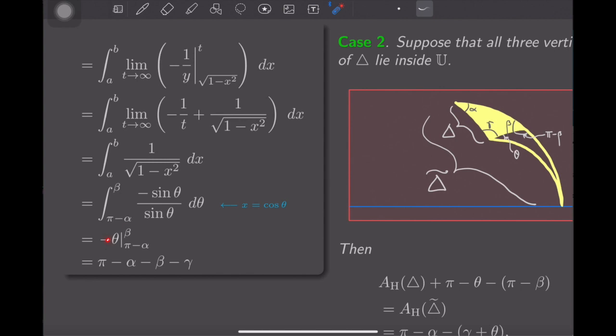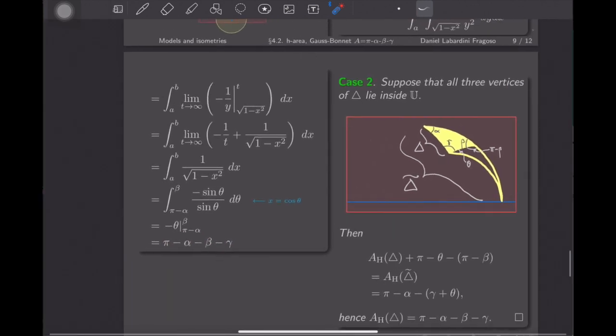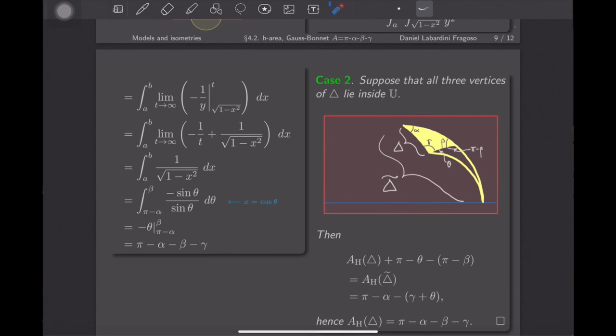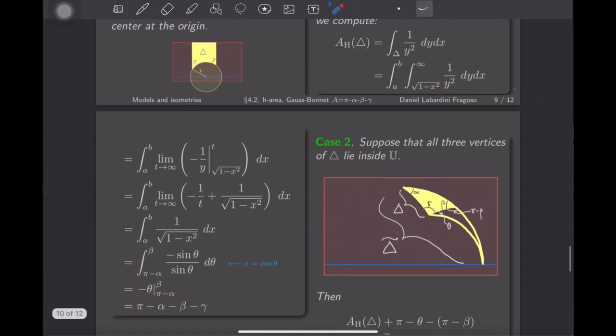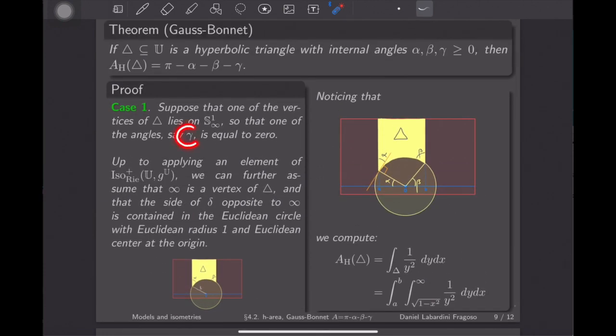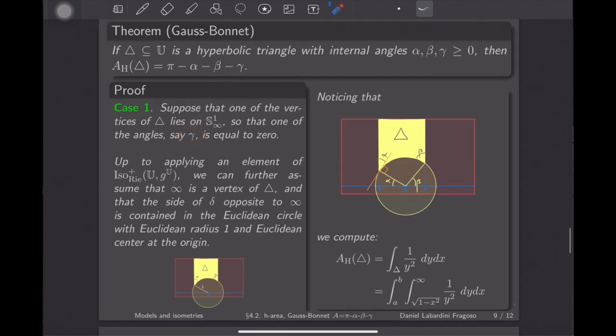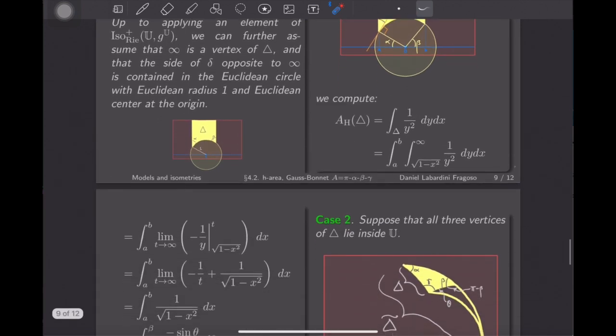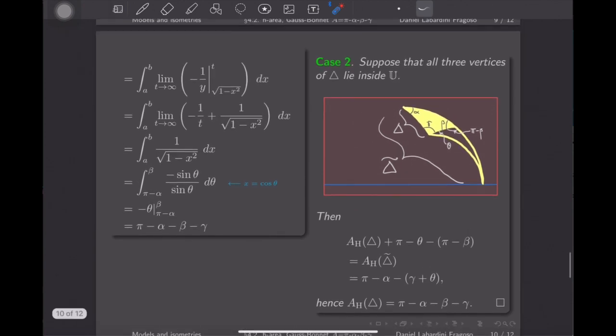I mean, minus beta, and then minus beta minus pi minus alpha. Okay, so pi minus alpha minus beta minus gamma, because gamma was 0. Okay, and then the Gauss-Bonnet formula has been proved in the case that one of the vertices lies at infinity, or equivalently one of the internal angles is 0.